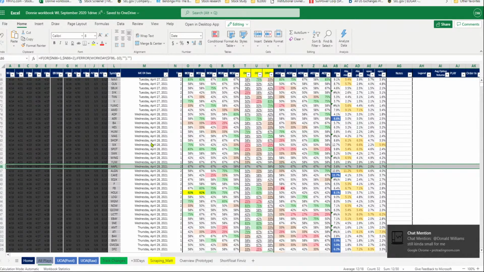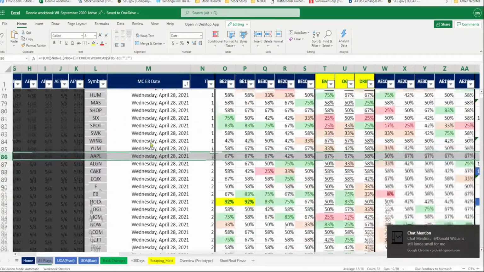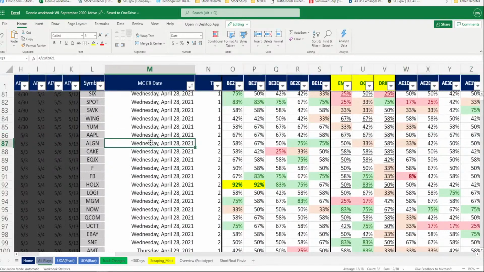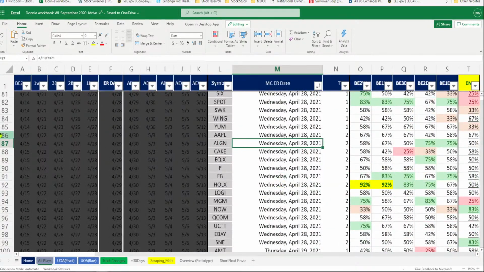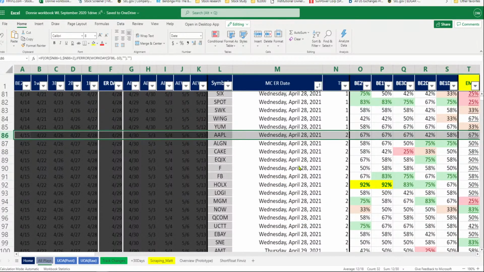It's kind of small. All right, let's zoom this in here. That's good. All right.